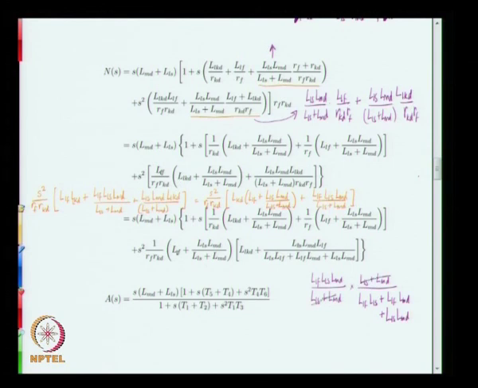Therefore what you are left with is LLS LMD LLF, that is what is here, divided by the denominator which consists of products of two inductances, so that is there here.